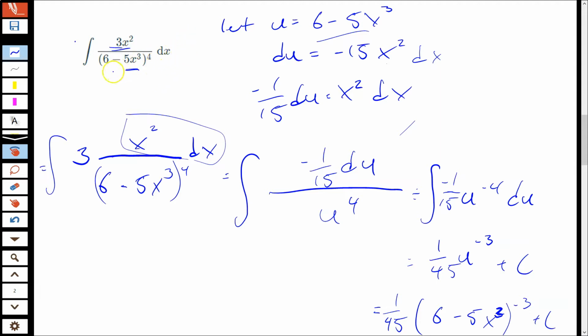Okay, so you have to change both your function and this derivative operator into u's, right? And sometimes it doesn't work. Sometimes you pick the wrong u, and then you can't get this derivative substitution to work no matter what you multiply by. And that's your cue that you need to go back and reevaluate your u, right?